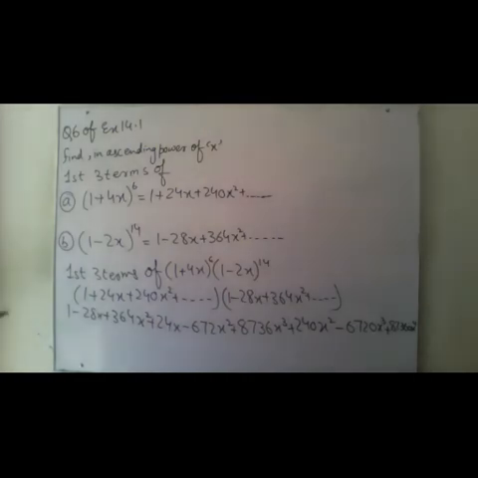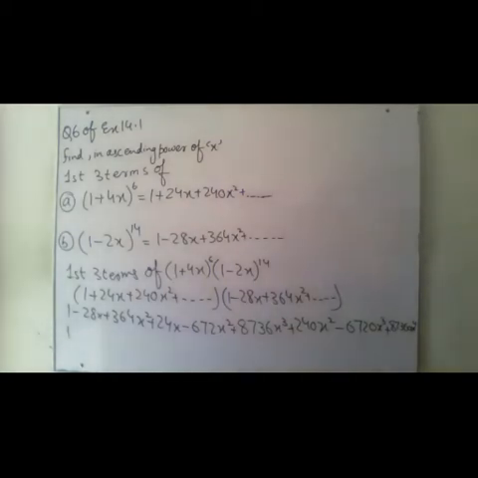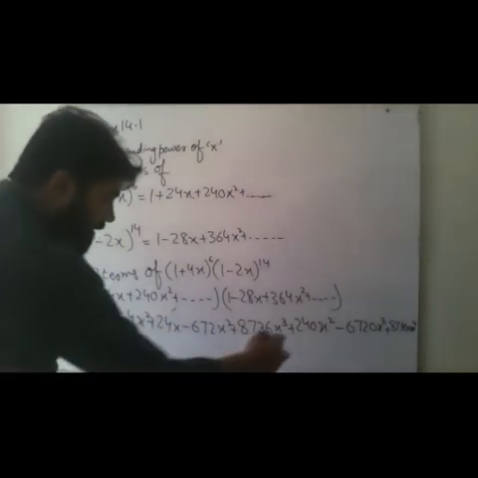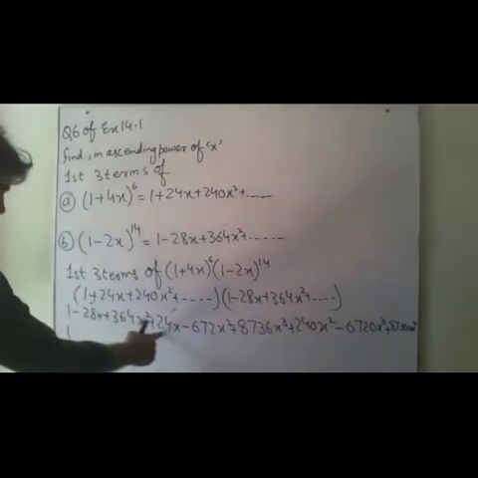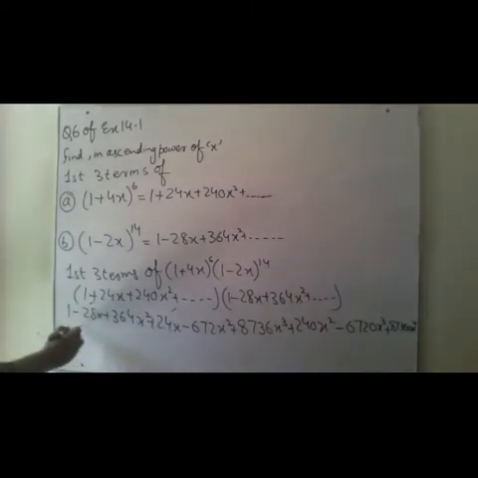Now simplifying it, 1 is a single constant, no other constant is given, so 1 will remain 1. After that, x is here, so minus 28x plus 24x will become minus 4x.